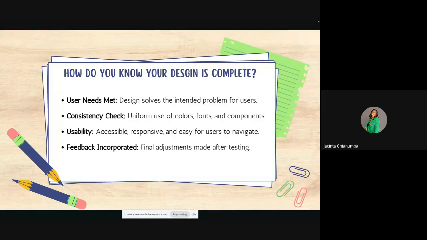Then the next step of knowing that your design is complete is by doing a usability check. And by usability check, we've spoken about how to make sure that your color is readable.